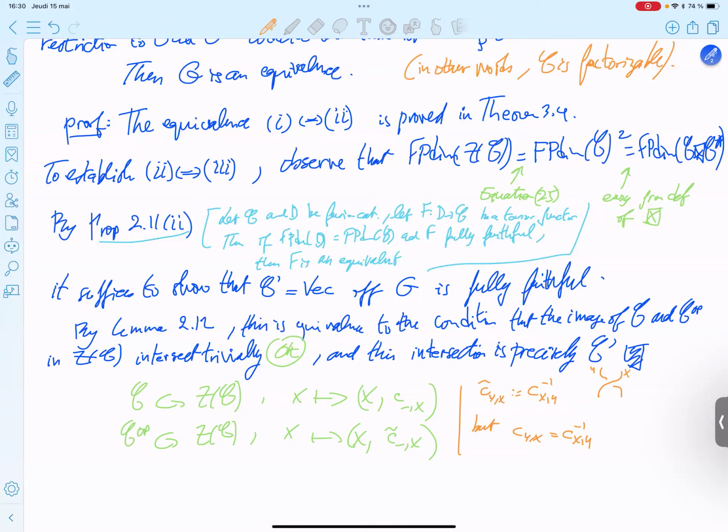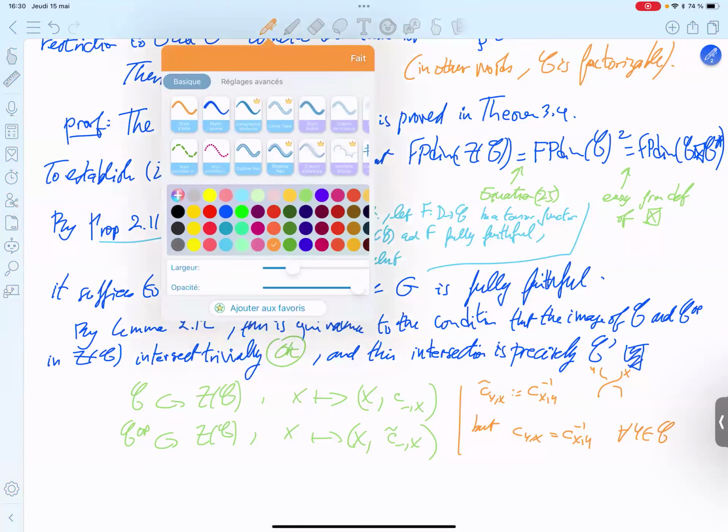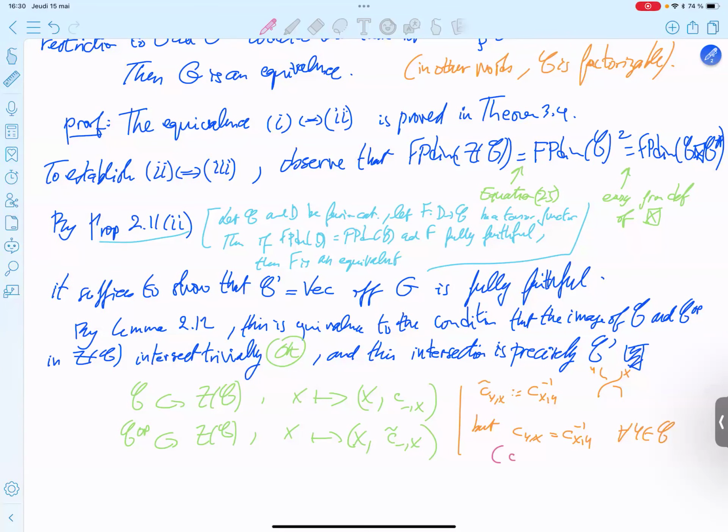So that's okay. So now we are looking at when we have this equality for all Y in C. But this equality is exactly this. So now you understood the point. This is the same as saying that C_{X,Y} composed with C_{Y,X} is the identity of X tensor Y. Like that.